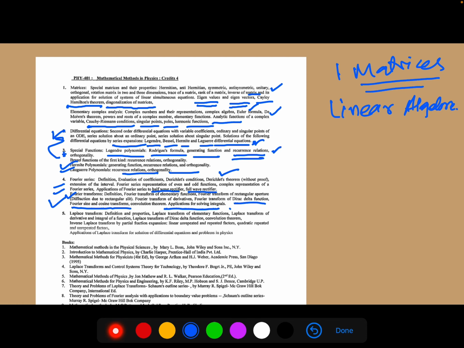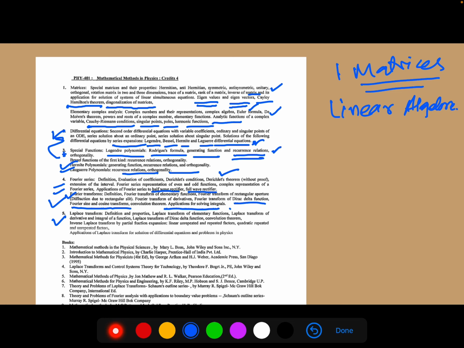Then fifth chapter is Laplace transform. In Laplace transform, we are focusing on definition and properties. The properties are very important in Laplace transform. There is heat equation and all, etc. There are many properties that can be applied in our day-to-day life, or we can say in our industrial life.